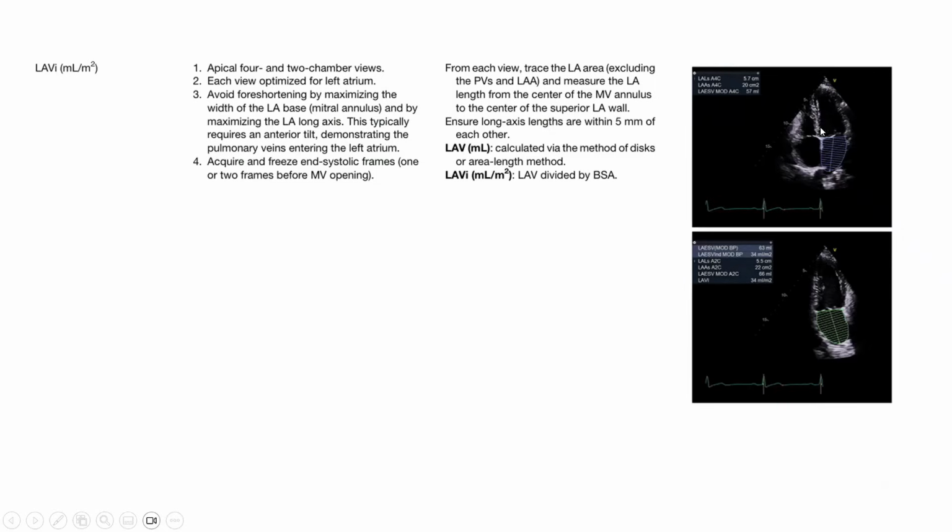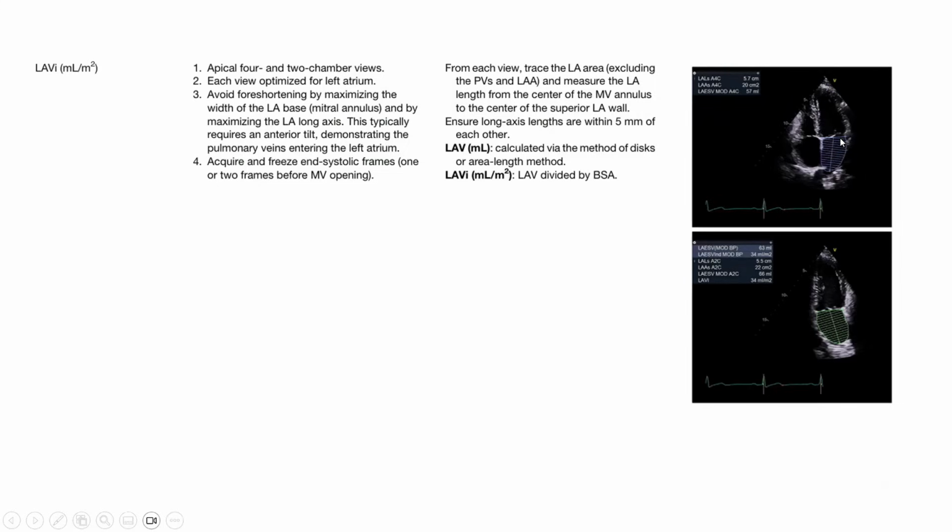And to measure the LA volume by the method of discs, we divide that LA into 15 to 20 slices of equal height, and each slice has a nearly homogeneous diameter, which differs between slices, but it's nearly the same at each level. And we assume that each slice is a disc, and we measure the volume of each slice, and we add those volumes.